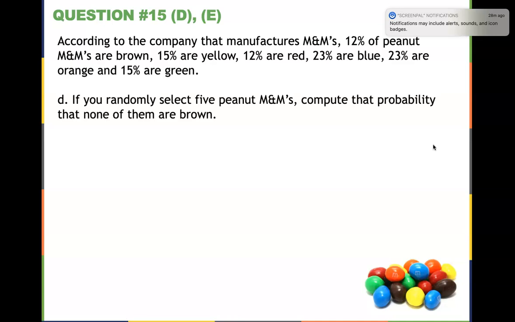D and E. If you randomly select 5 peanut M&Ms, compute the probability that none of them are brown.